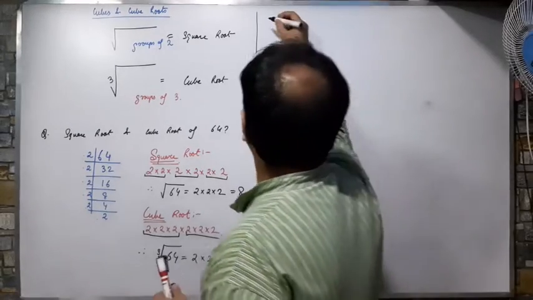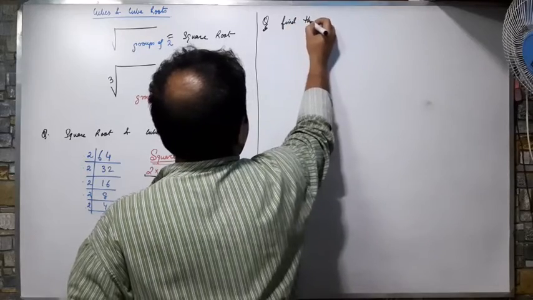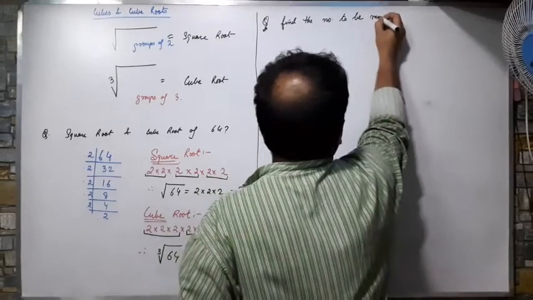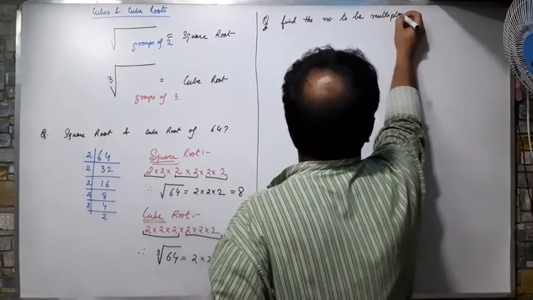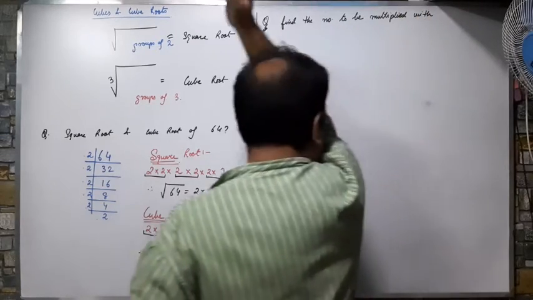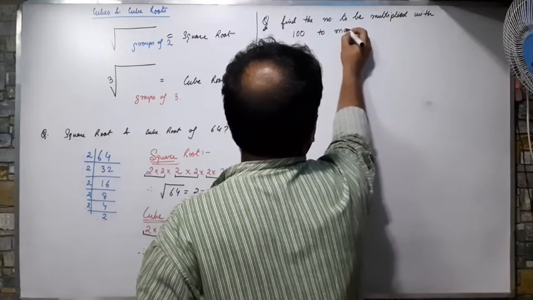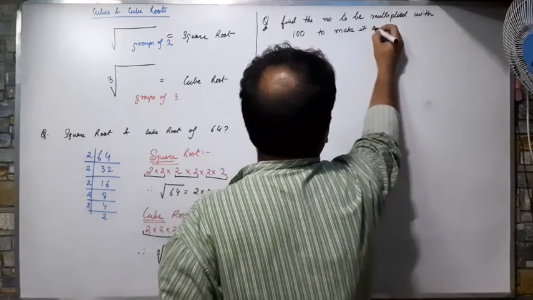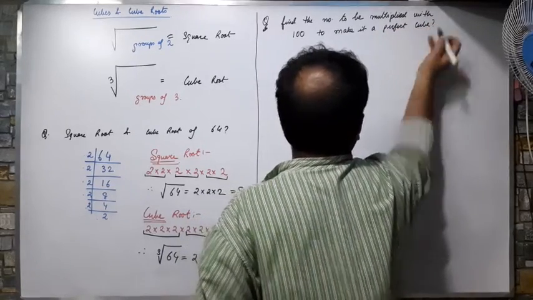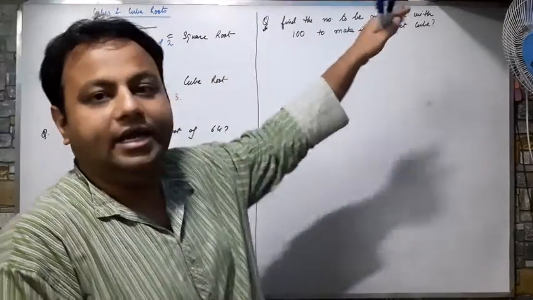Suppose, let me ask, find the number to be multiplied with 100 to make it a perfect cube. So this is my question. What should be multiplied with 100 to make it a perfect cube?